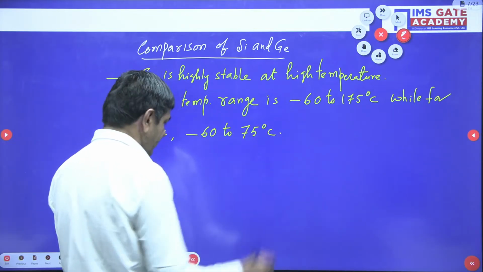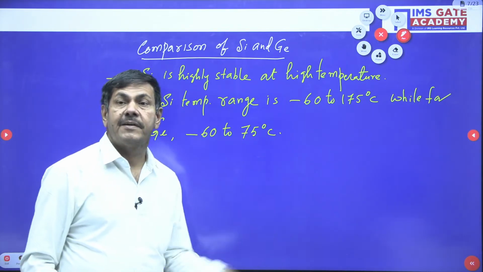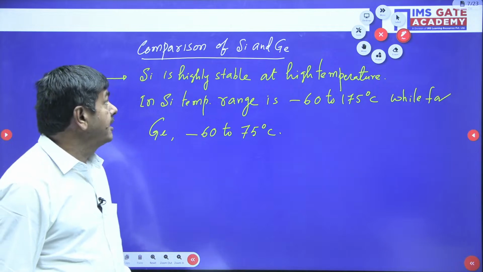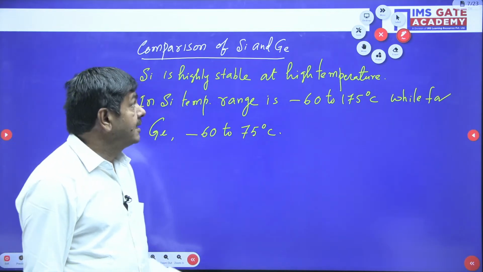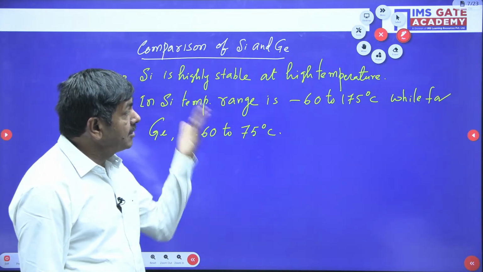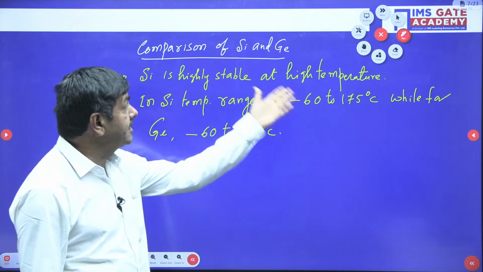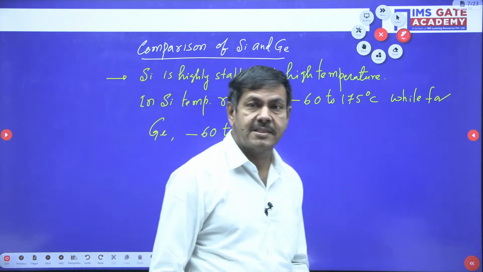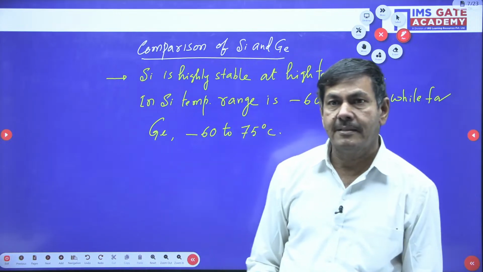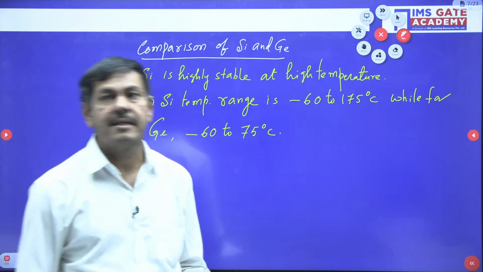It can withstand up to a temperature of 75 degrees centigrade. The stability of germanium is possible up to 75 degrees centigrade, and the stability of silicon is possible up to 175. So the range of silicon is more. That is one of the points to use silicon in designing electronic devices as compared to germanium.